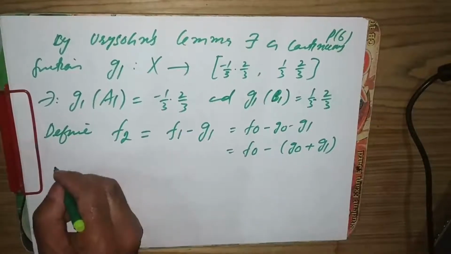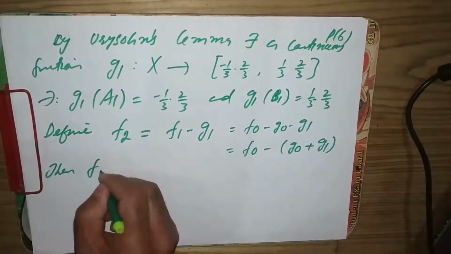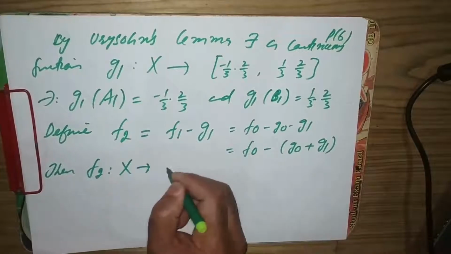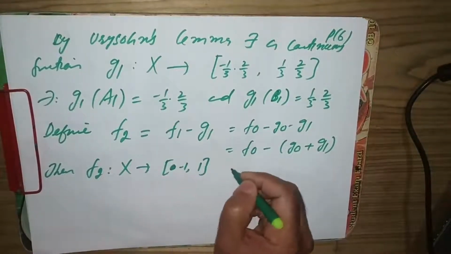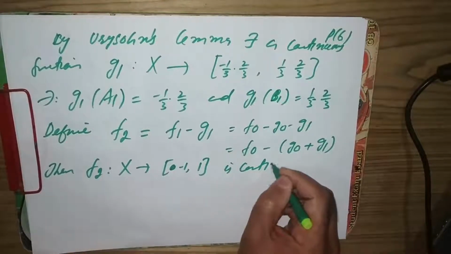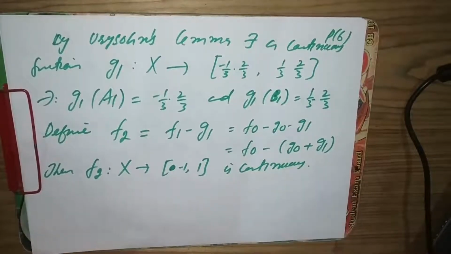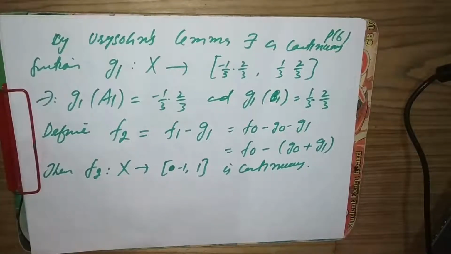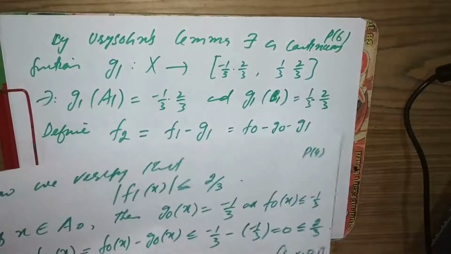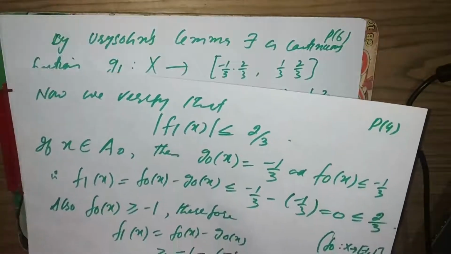Then f2 is a continuous function from x to the interval minus 1 to plus 1. As in the previous case, we have shown that mod of f1(x) is less or equal to 2 by 3.